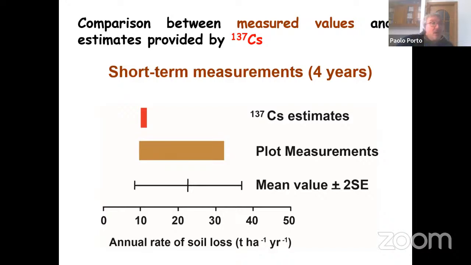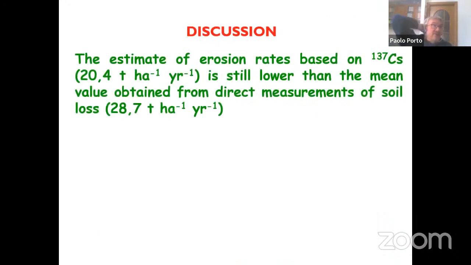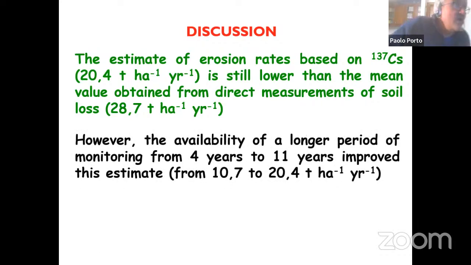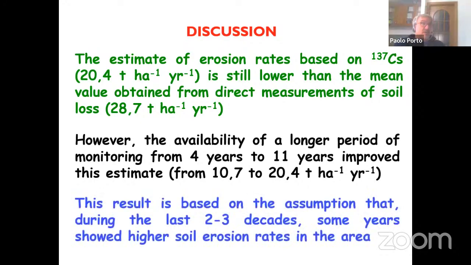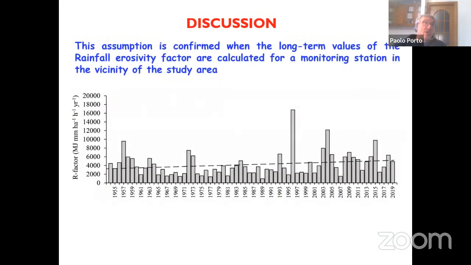Okay, but clearly, even if in 2017 we got 20.4 tons per hectare per year, this value is still lower than the mean value obtained for 11 years, which is around 29 tons per hectare per year. But it is explained again by the fact that we have this increasing trend for rainfall erosivity.